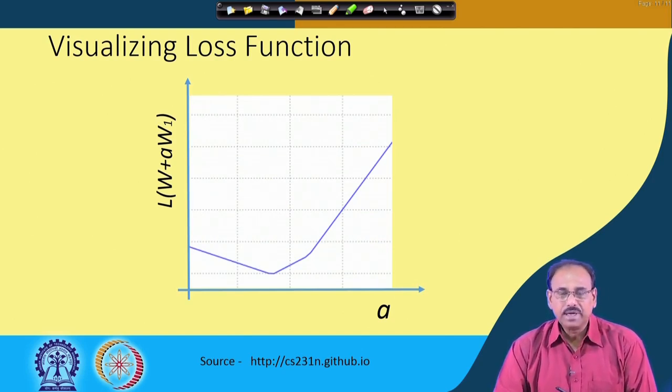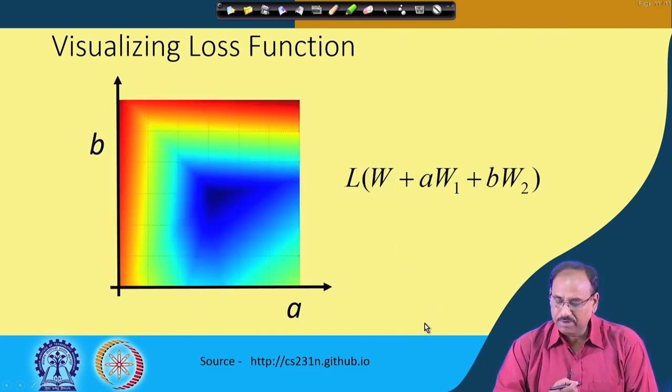I can also define the loss function on a plane if I take a section on a plane. In that case, instead of taking just W1, a single line, I have to take W1 and W2 as two different directions.